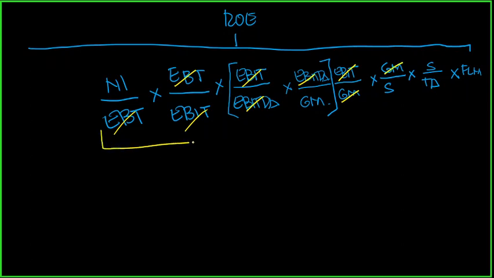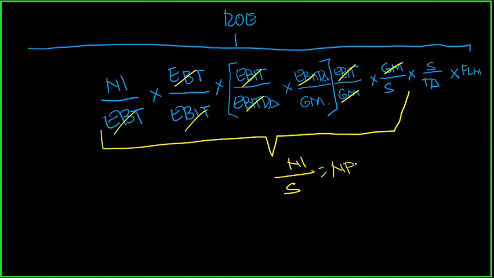If you try to look at this, it is actually just one ratio. This is your net income divided by sales, which is your net profit margin. O, di ba? Pinahaba lang. So, you have the net profit margin, you have the total asset turnover, and then you have your financial leverage multiplier.